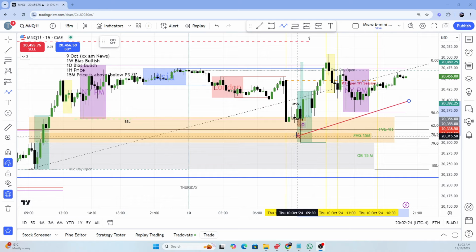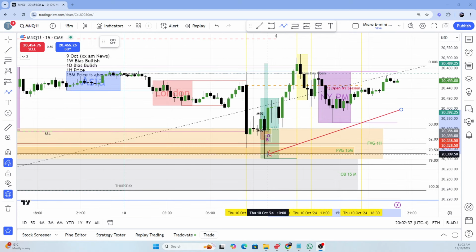So smart money has grabbed all those sell orders, and they buy into those sell orders. That is why there's a large wick here, which means the price has started to move up.